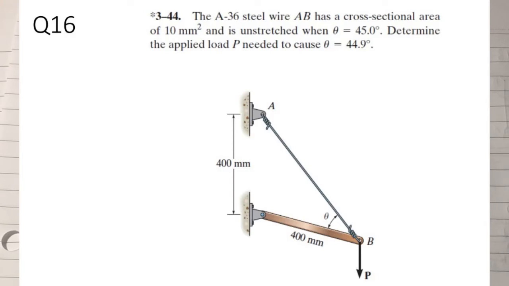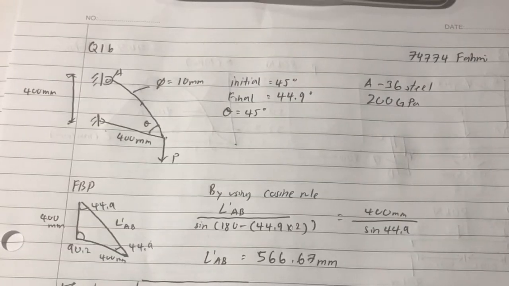So ini adalah contoh FBD diagram dan semua informasi yang terdapat dalam question tu. So sekiranya anda nampak A36 steel wire di mana-mana question, sila tuliskan punya standard adalah 200 GPa. So initial dia masa-masa dia unstretched is 45 degree. Then selepas apply load P, it will drop to 44.9 degree.